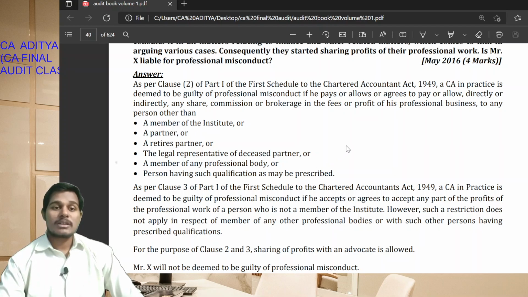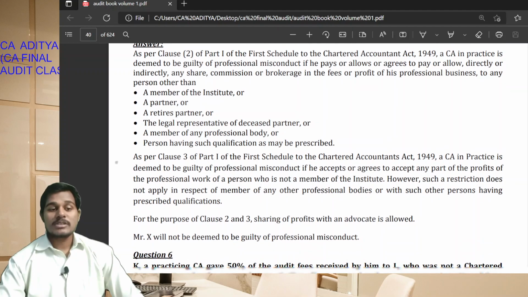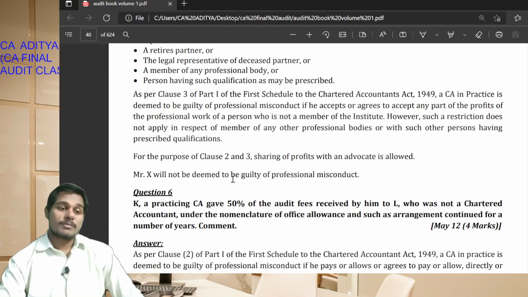Since in the present case the advocate has a prescribed qualification, so he will not be guilty of professional misconduct. So students, Mr. X will not be deemed to be guilty of professional misconduct as per clause 3 of Part 1 of the First Schedule to the Chartered Accountants Act, which we are going to discuss in the next video.